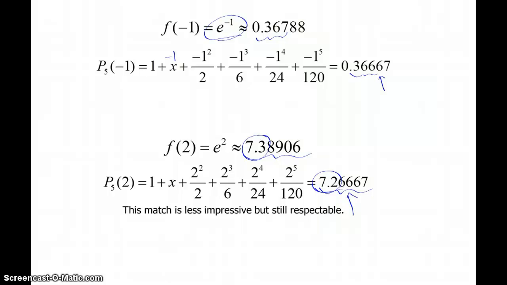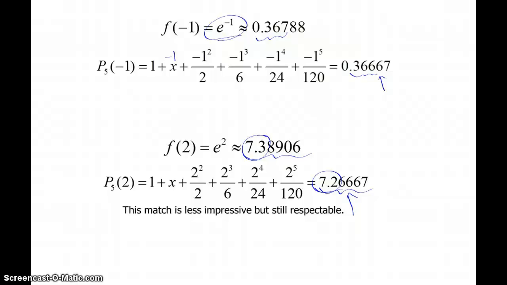So again, depending on what I'm modeling and how important it is to my work, I mean, if I'm feeding starving children, I want to be more accurate than if I'm figuring batting averages. It's still a respectable approximation.